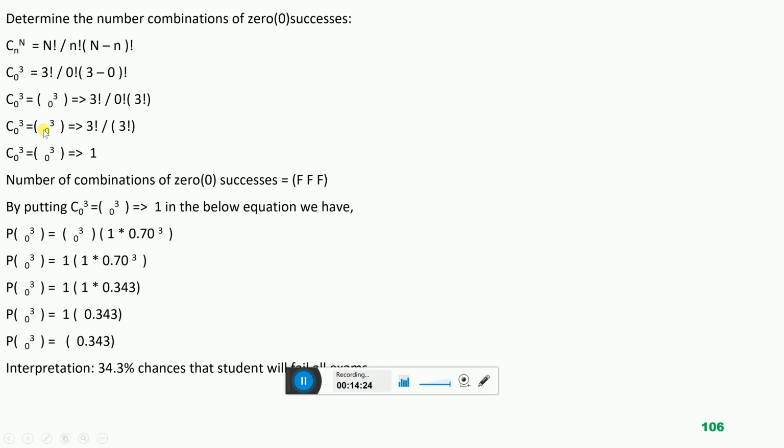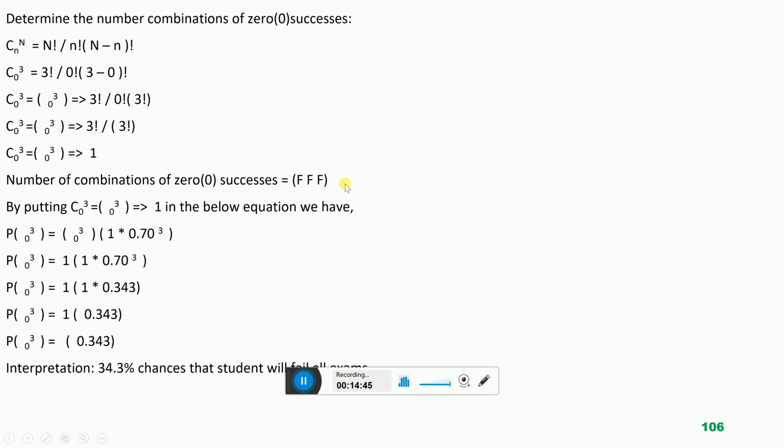So C(3,0) is 3 factorial divided by 3 factorial, which is equal to 1. So the number of combinations of 0 successes is 1.